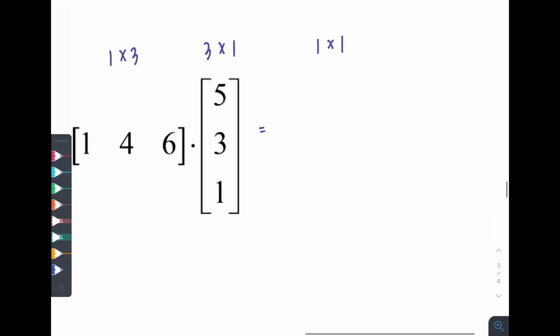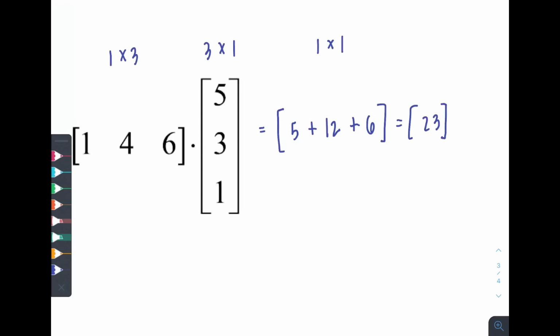Let's go ahead and do our math here. So I'm going to do 1 times 5 is 5, plus 4 times 3 is 12, and then 6 times 1 is 6. Add all those together, you get 23 as your matrix, which is 1 by 1.